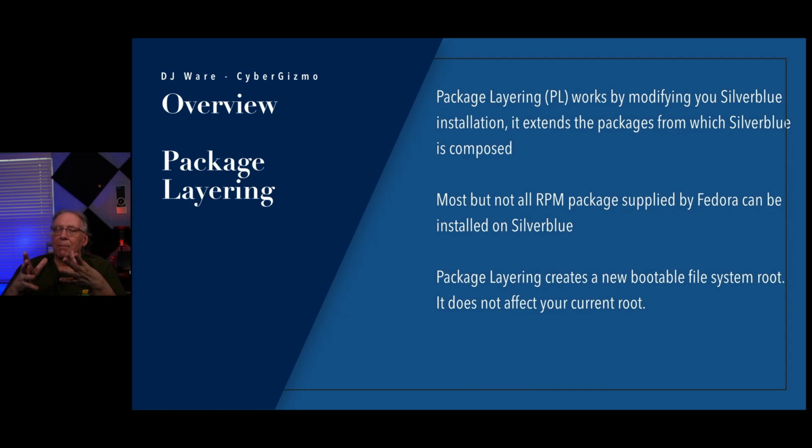This whole concept of package layering, what the heck is that? So package layering basically works by extending the distribution to host that package. So let's say I have Silverblue base image 1.